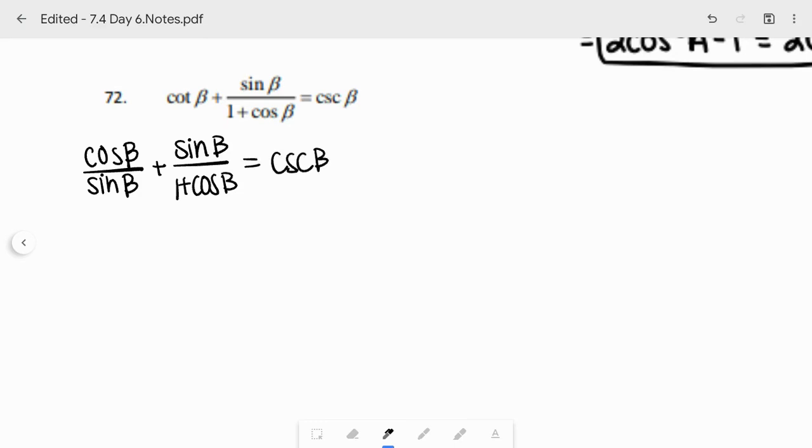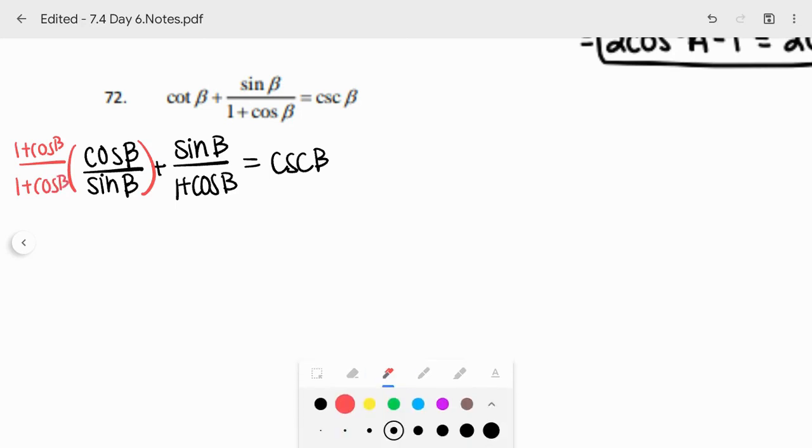Okay, now if I want to add these fractions together, I'm going to have to multiply by the opposite one's denominator in order to get a common denominator. So I want to multiply my first fraction by 1 plus cosine of beta over 1 plus cosine of beta.